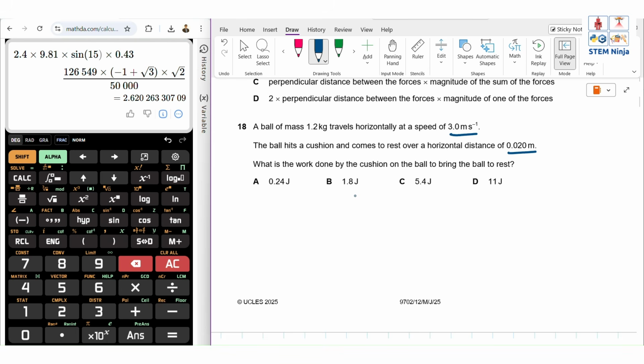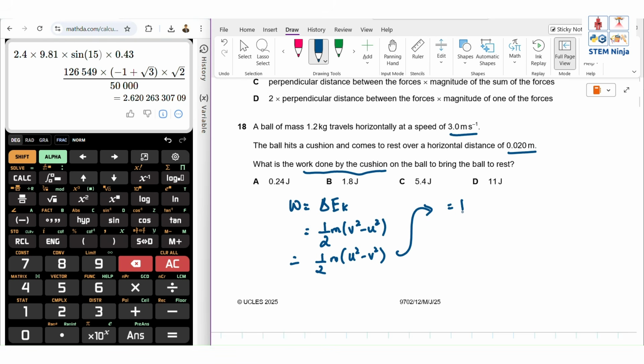Okay, so work done by the cushion would be the change in kinetic energy, basically. So half m v squared minus u squared. Since it is actually stopping, you can actually also swap it with u squared minus v squared also, because v is now 0, so absolutely fine either way.